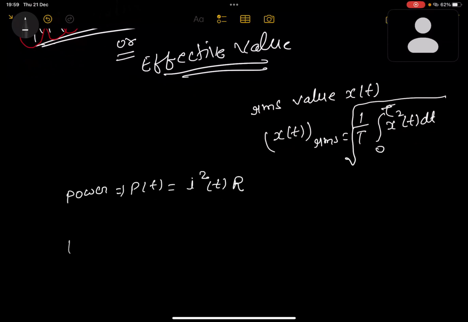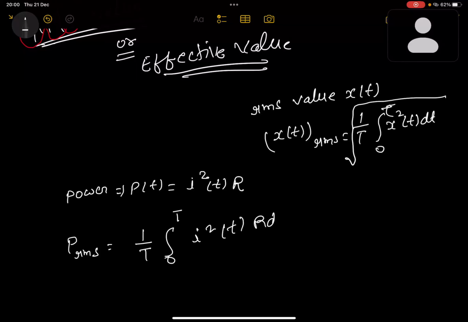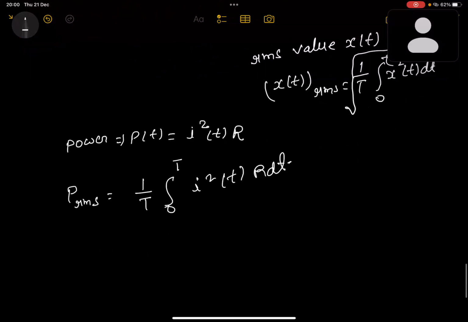So 1 by T, integral from 0 to T, putting the value, i squared(t) R dt. This one is your average value, average power. This is your average power.